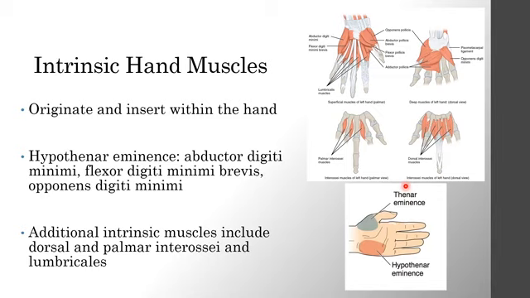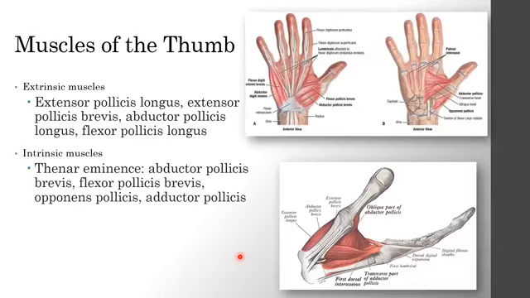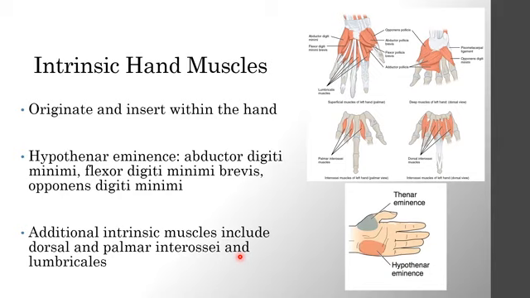You'll have your abductor pollicis brevis, flexor pollicis brevis. Again, the nomenclature would tell you exactly what it's doing. But either way, when you see thenar, I want you to think, okay, this is the pollicis muscle that we're concerned with, and it's going to act on the thumb.